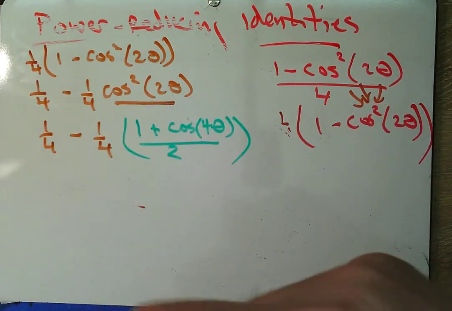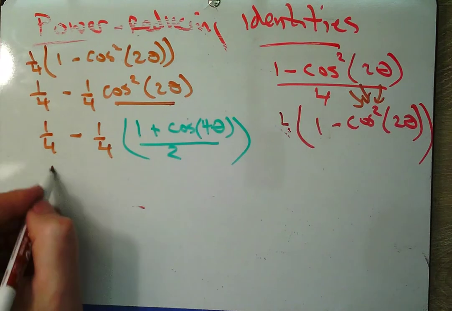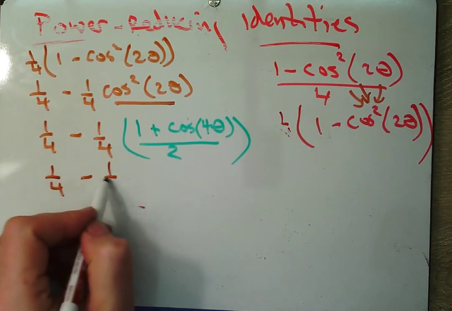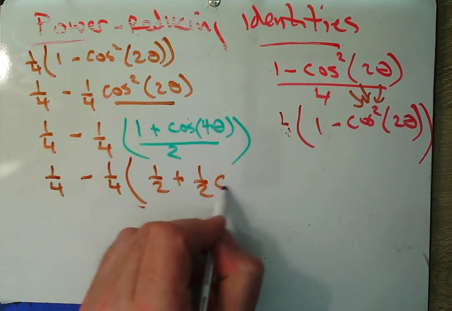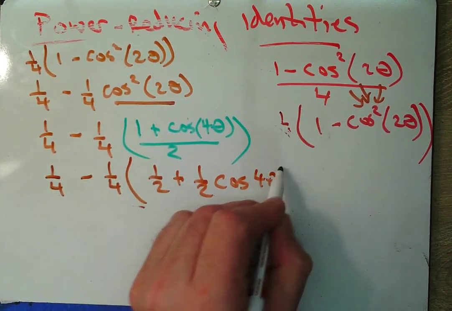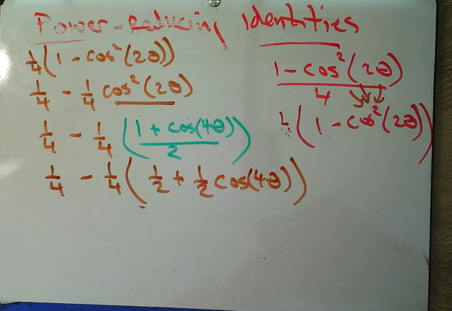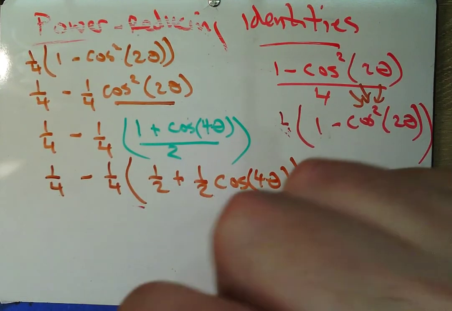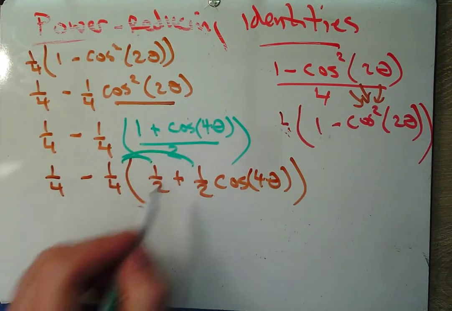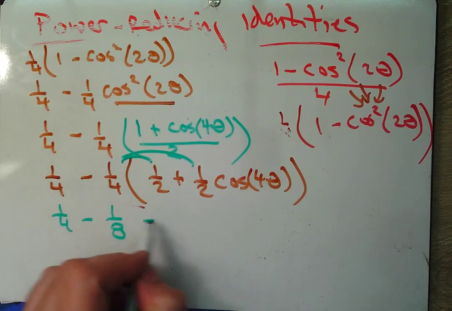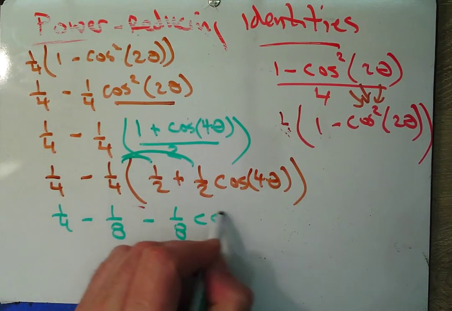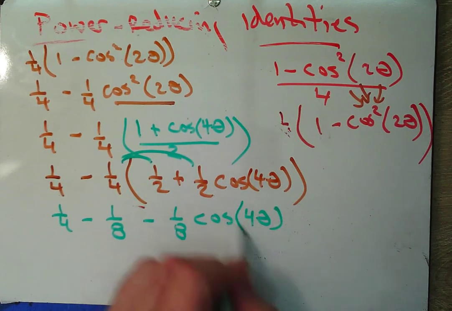So I do a little simplifying. 1/4 times 1/2 plus 1/2 cosine 4 theta. And I distribute, and I get 1/4 minus 1/8 minus 1/8 cosine 4 theta.